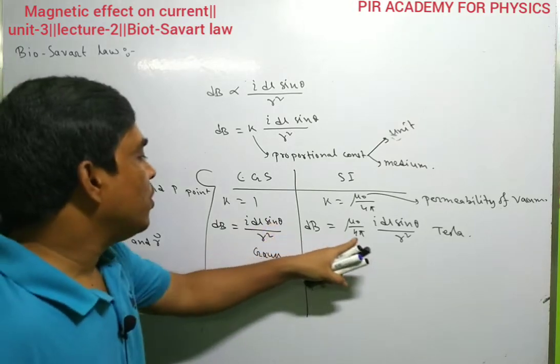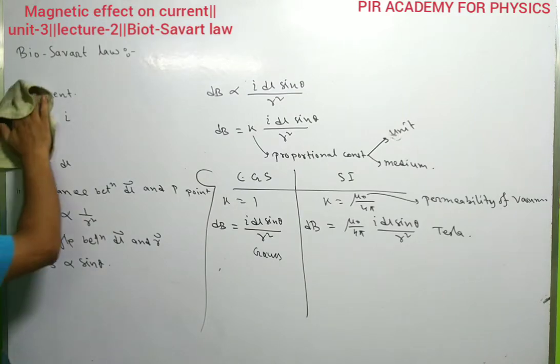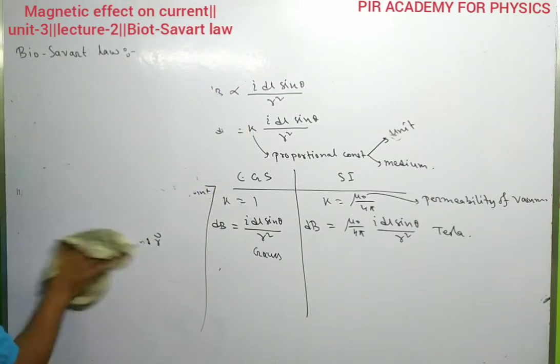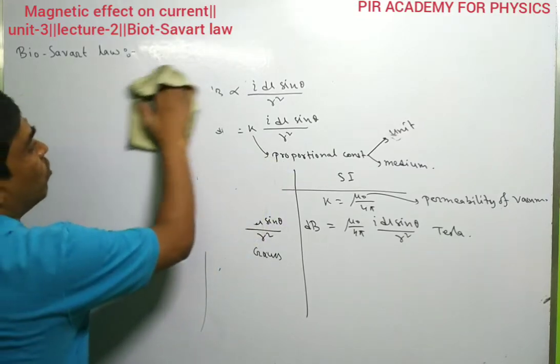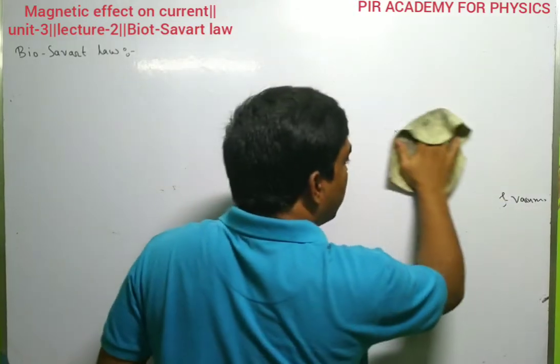These are the two equations, in the CGS unit system and the SI unit system. Now you have to know the applicability and the limitation of this Biot-Savart law.